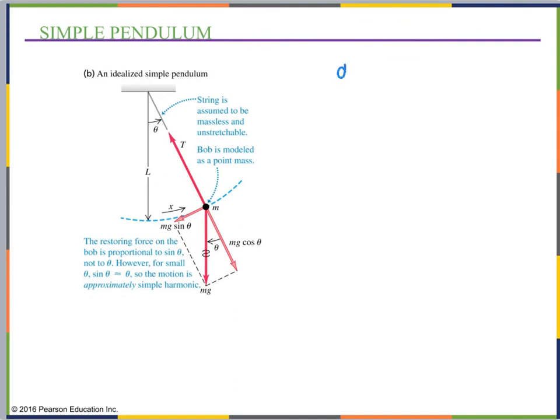So our equation of motion for our pendulum looks like this, which means that our omega is the square root of g over L. And that's 2 pi f, or 2 pi over period.